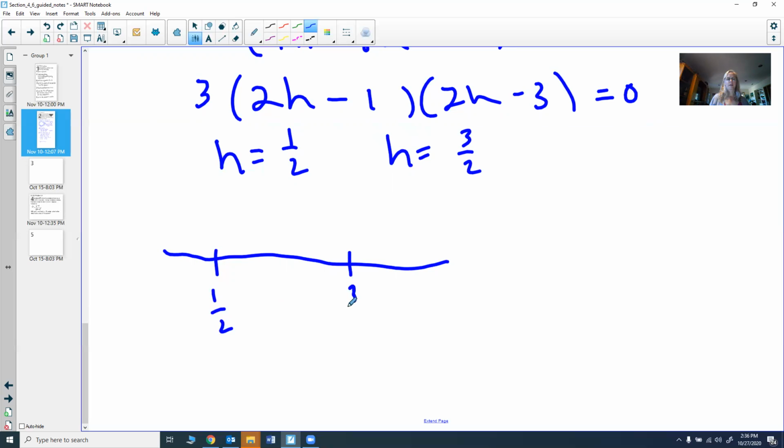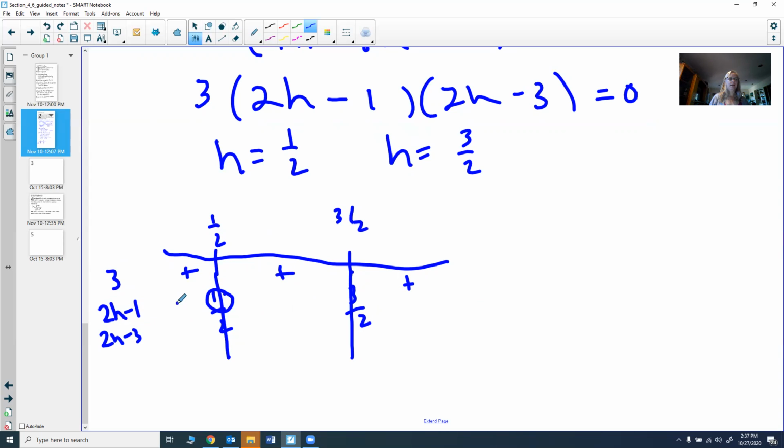So here's 1/2, here's 3/2. I'm looking at my factors: 3, 2h minus 1, 2h minus 3. The 3 is always positive, so that one's not a problem. When 2h minus 1 is 0 at 1/2, if we take a number less than it, let's say 0, we're going to get a negative number.